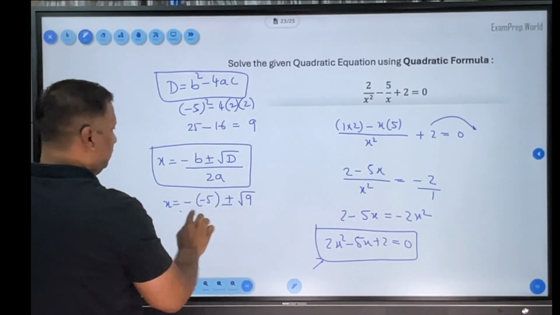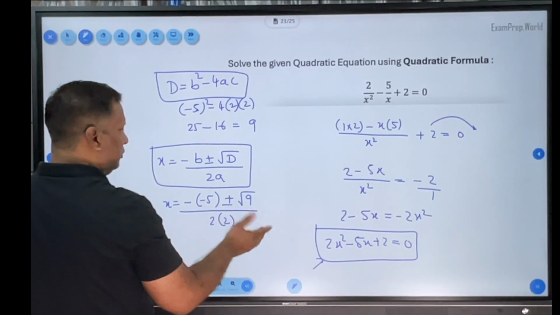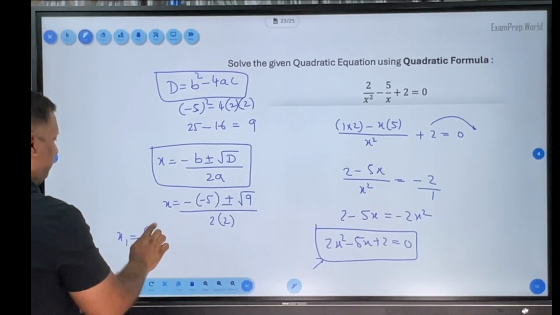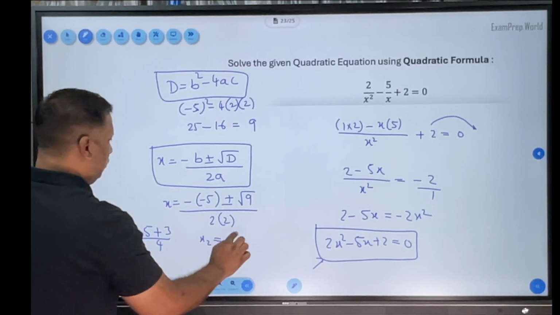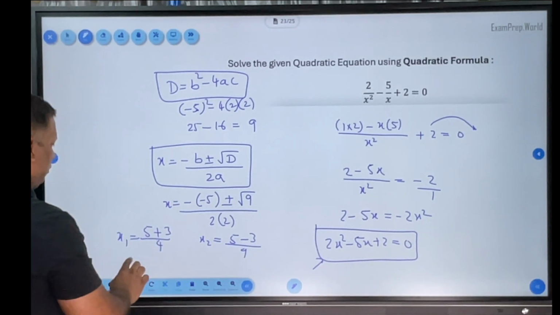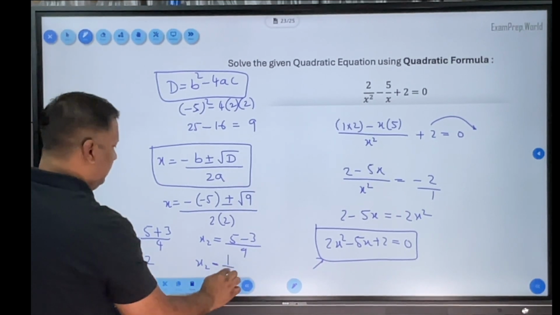So I will just put it there. And what is a? a is 2. 2 times 2. And it's very easy now. x1 will be equal to 5 plus 3 by 4, and x2 will be equal to 5 minus 3 by 4. So 8 by 4, x1 is 2 and x2 is 1 by 2.